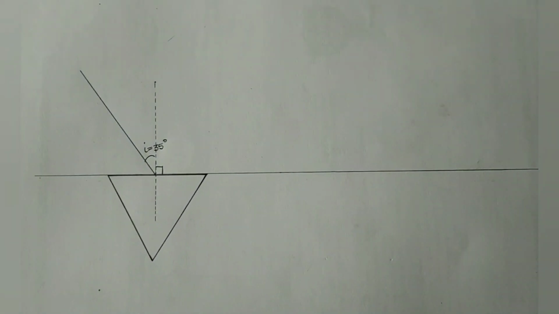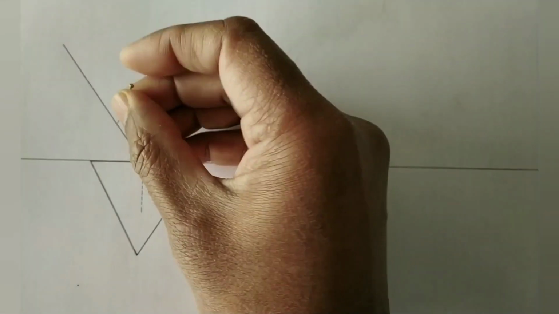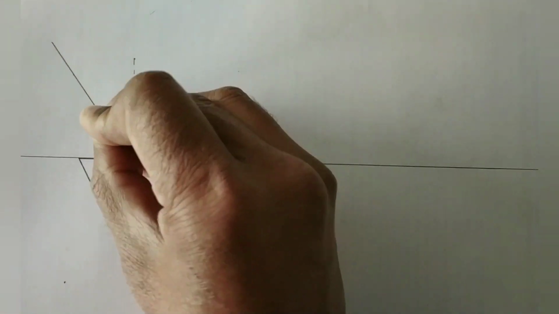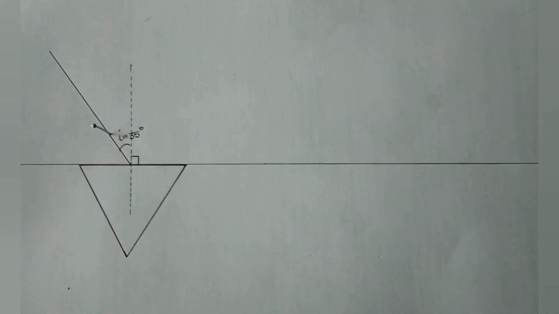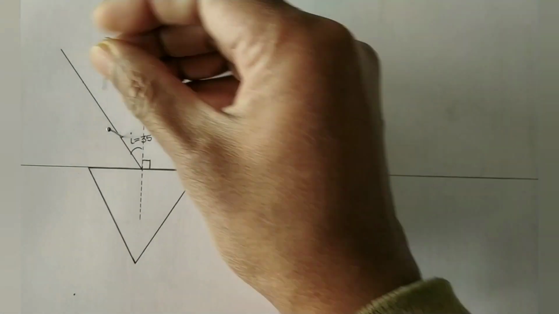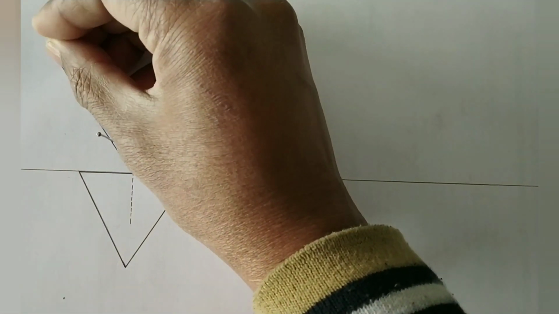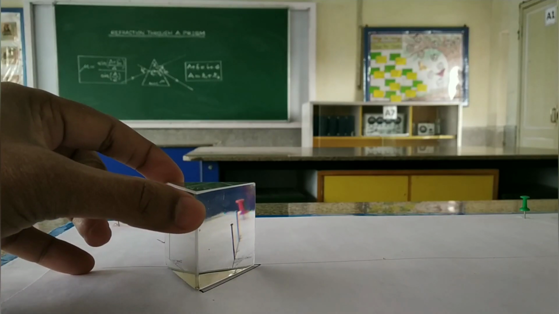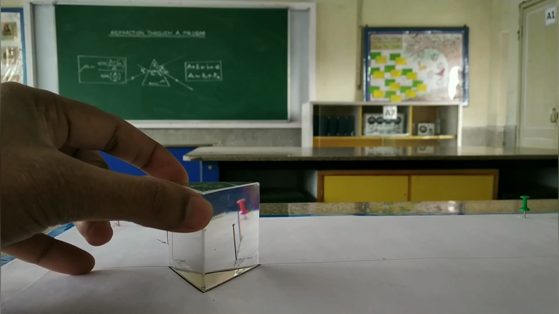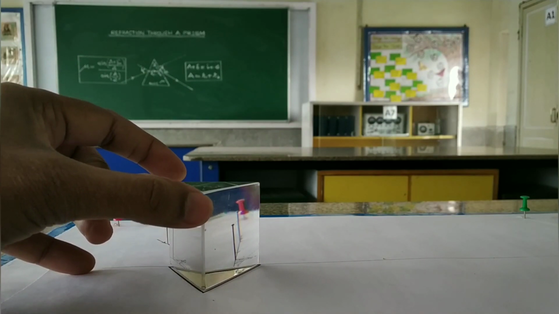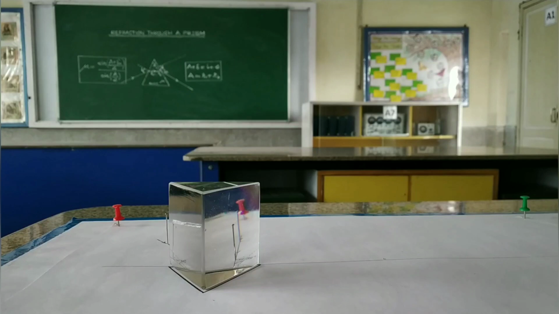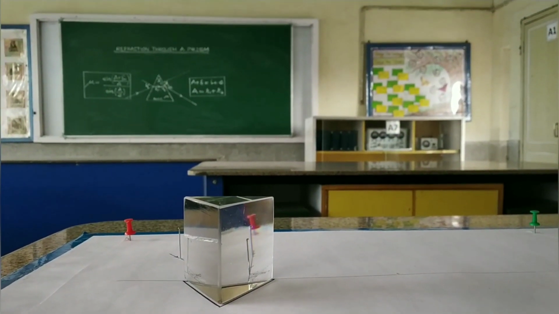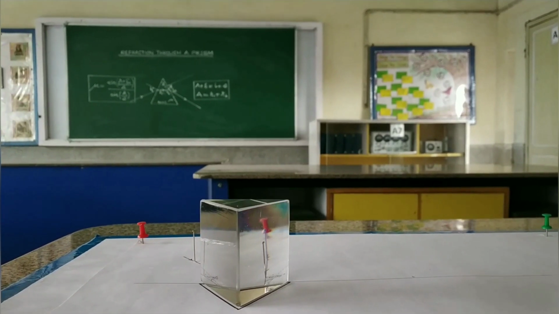Now we need to fix two pins on the incident ray, and it is to be ensured that the pins are fixed vertically and with a minimum separation of 8 to 10 centimeters. And thereafter we will put the prism back in its position and then look for the images of the pins P and Q through the refracting face.